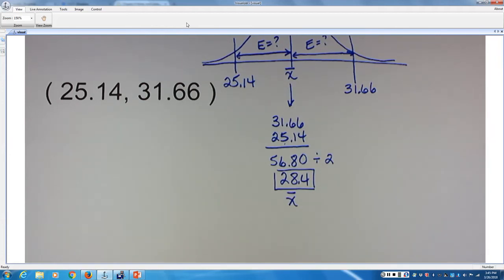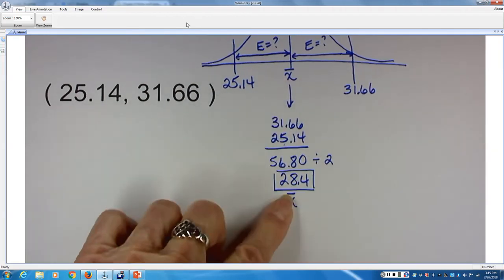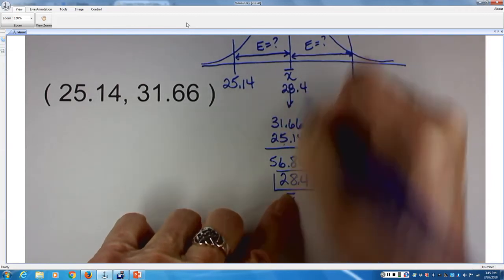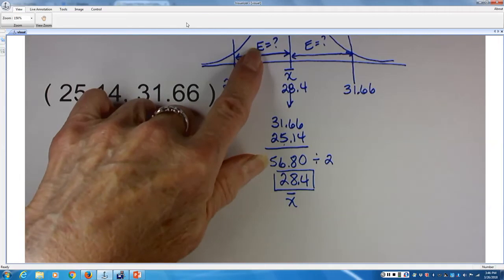And it's 28.4, between 25 and 31. So if we know that this is 28.4, then how do we figure out what this is?